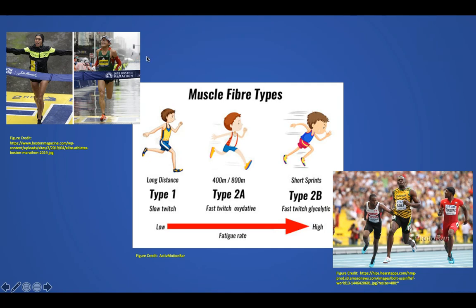This is Desiree Linden and Yuki Kawachi, who ran the Boston Marathon in 2018 in just over 2 hours. So if you can imagine running for that long at a pretty steady pace, it's pretty amazing. Whereas Usain Bolt, his average speed was 23.35 miles per hour at his fastest.